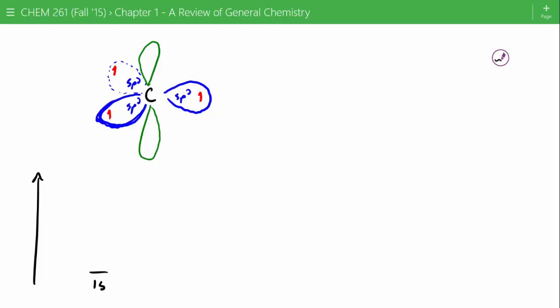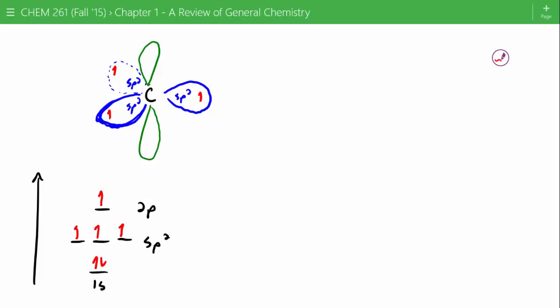So we've got our 1s and then we've got our sp2. We've got 3 of those. Aren't we missing an electron? Shouldn't there be 4? Yeah, we're going to add that in. Okay, so let's go through and add electrons to this. So we've got 1, 2, 3, 4, 5. And the 6th electron actually goes into this 2p orbital.